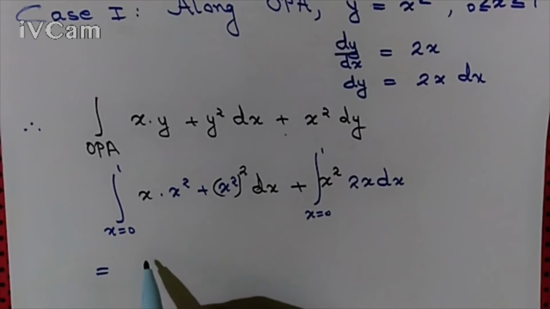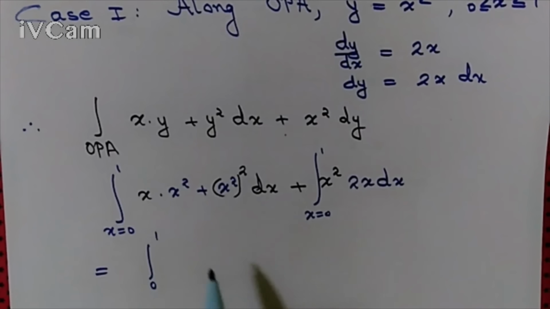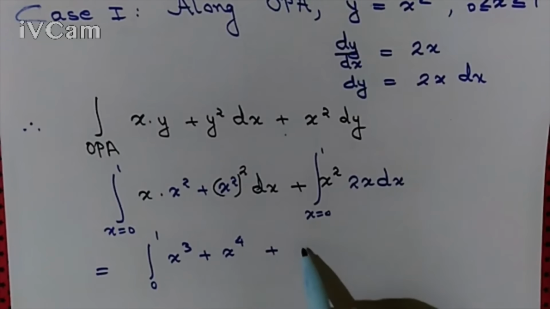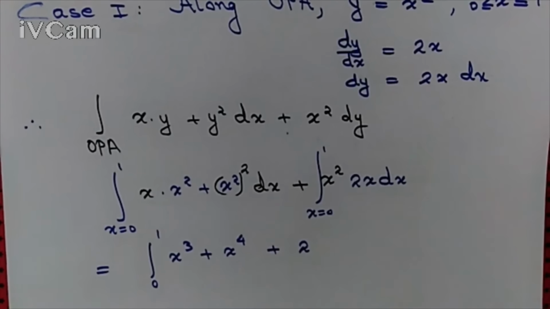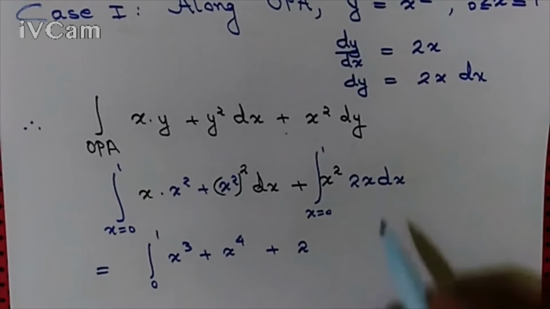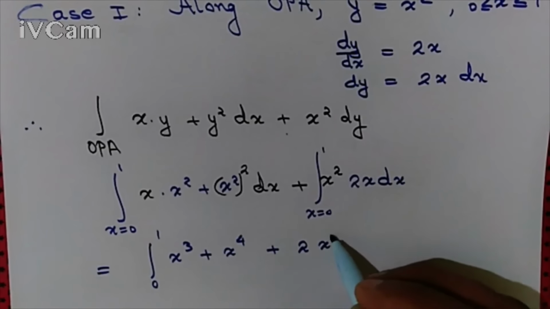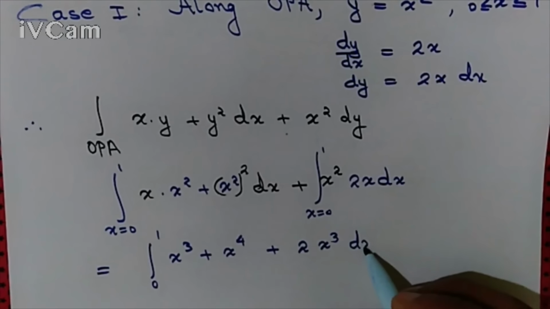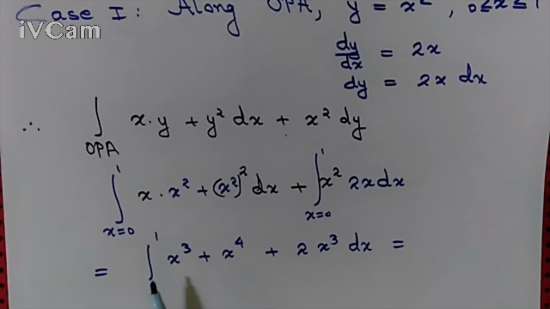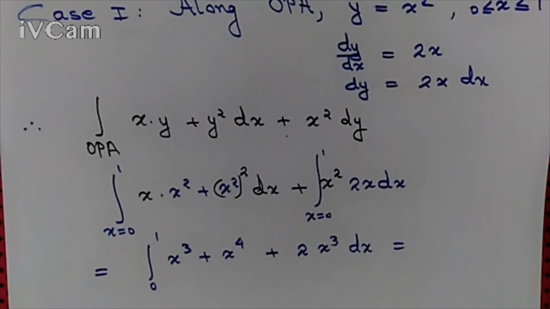This is equal to the integral from 0 to 1 of x cube plus x to the power 4 plus 2x cube. X cube plus x cube will give you 2x cube, plus x cube will give you 3x cube.